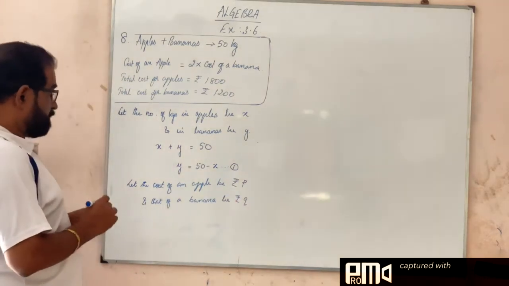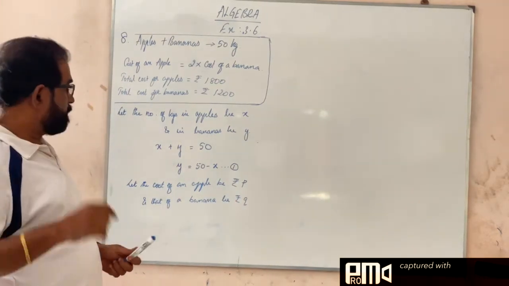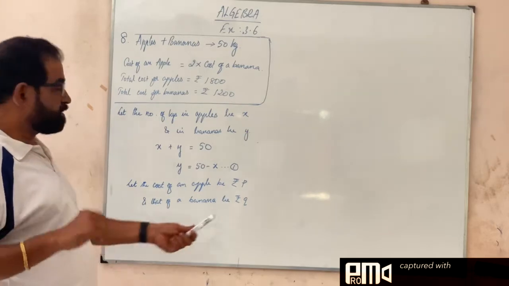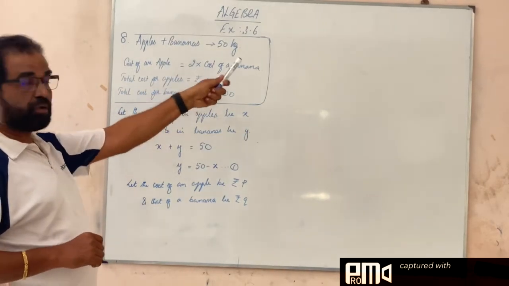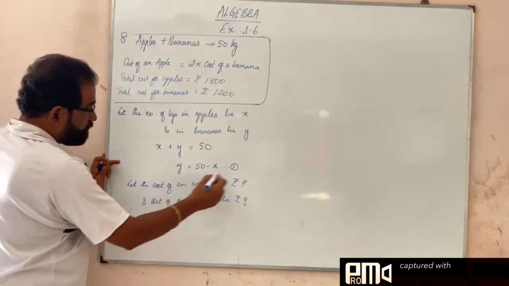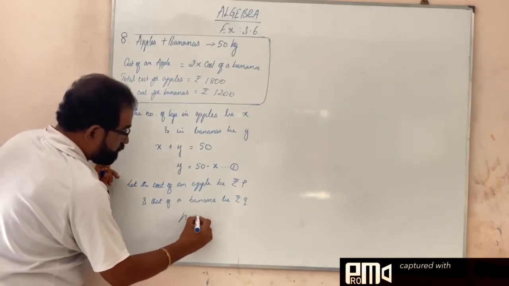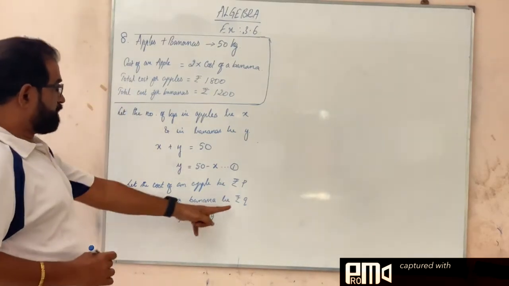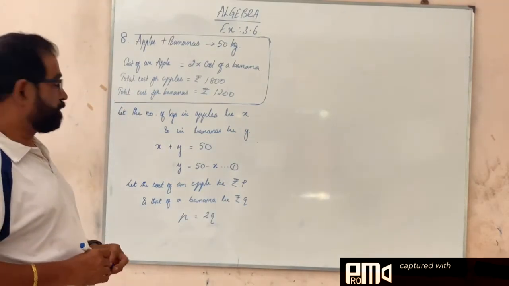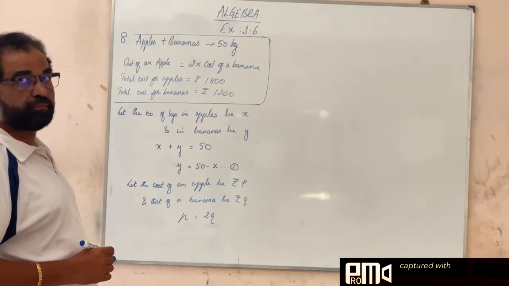Cost of one apple is rupees p and cost of one banana is rupees q. What is given? Cost of an apple is 2 times cost of a banana. So p is equal to 2 times q. Let it be.